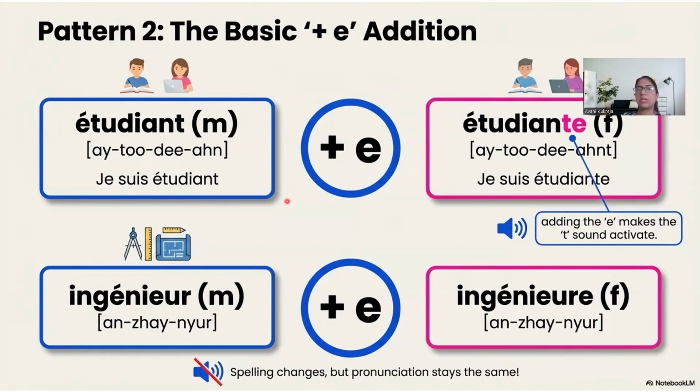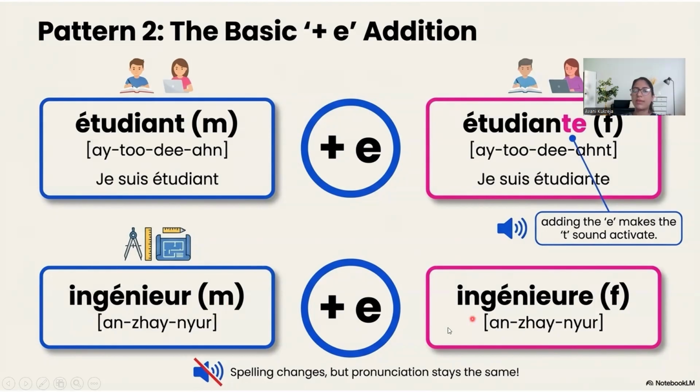Now, for certain kinds of professions, we just add an e to make it feminine. For instance, student in French is étudiant. Everyone repeat with me. Étudiant. And for a female student, we just add an e, and the pronunciation will be étudiante. So étudiant, étudiante. Then engineer in French is ingénieur.